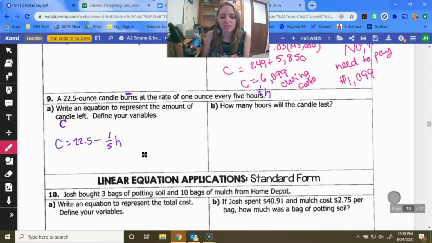So that's like just a test. Let me just write out what I test for 5 hours. We know that this says in 5 hours, 1 ounce will disappear. So I'm doing this test, 22.5 minus 1/5, and then my test for my hours is 5.